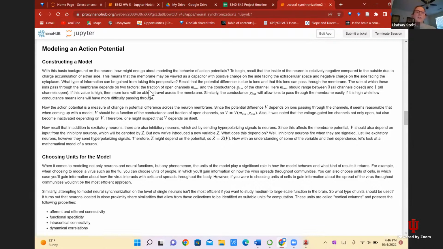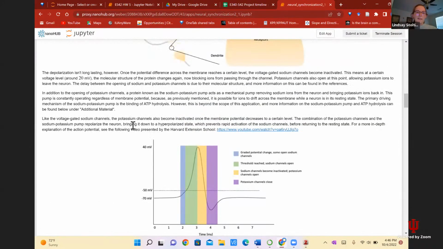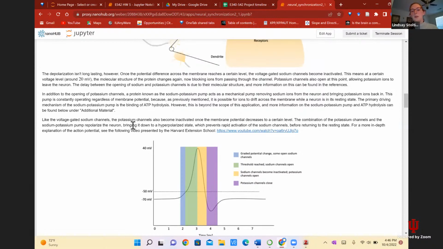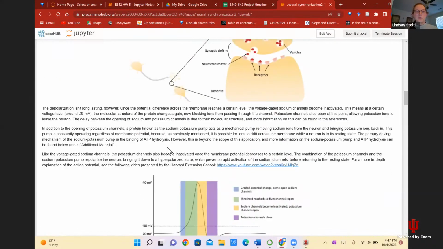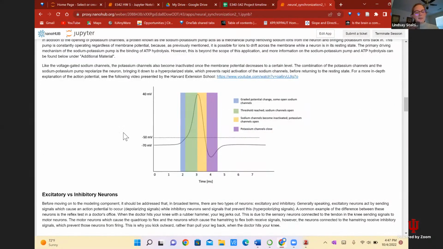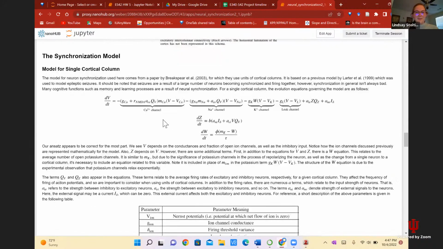Yeah, I really liked how the background section started off. I feel like it would be a good resource for somebody who'd never seen these neuroscience principles before. I do think maybe it's missing a little bit of an intermediate step between this kind of background and then jumping straight into this rather complicated equation.